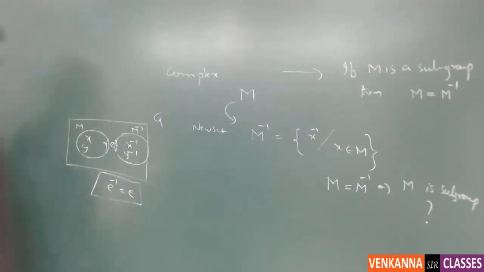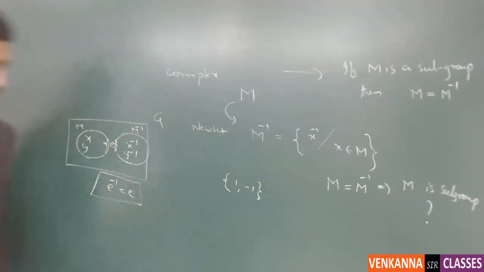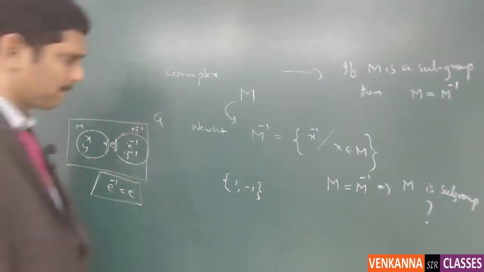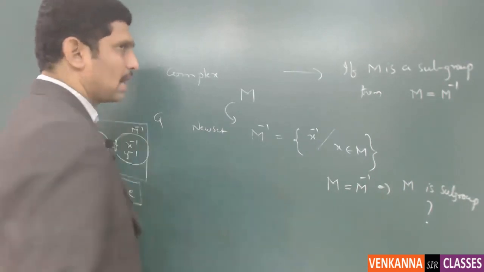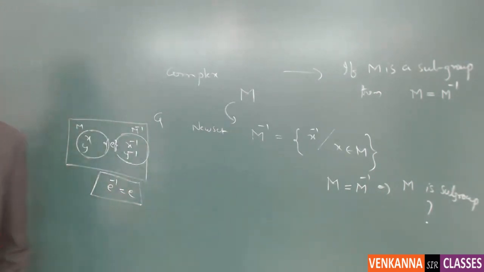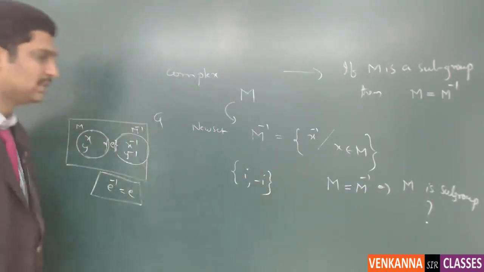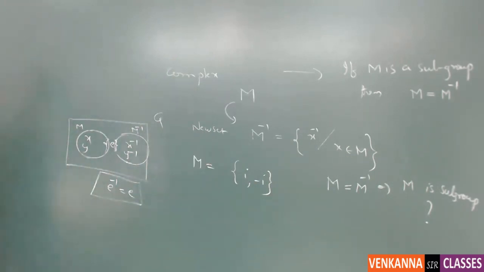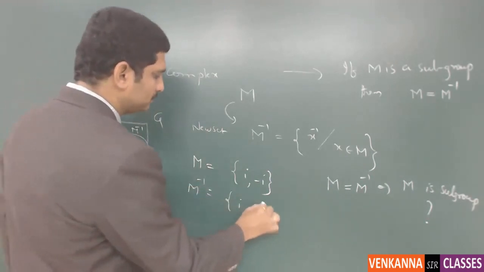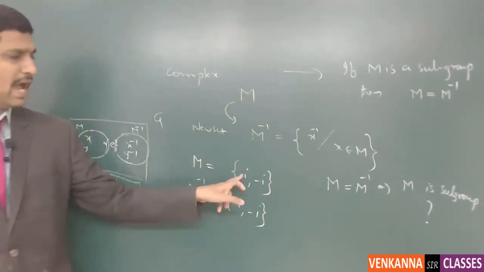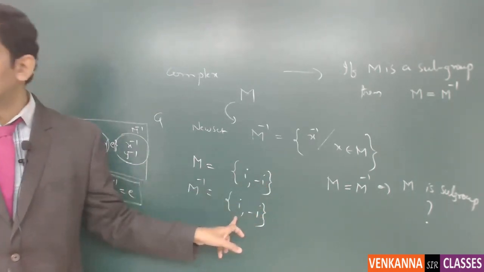Because you can take a small example. Suppose I take the set {i, minus i}. This is equal to M, let me say. So what will be M inverse? Again the same thing will come, because for i, minus i is the inverse, and for minus i, i is the inverse.